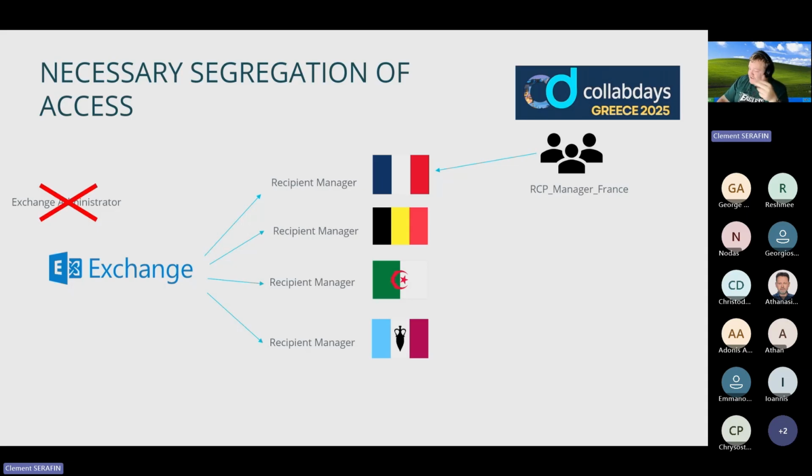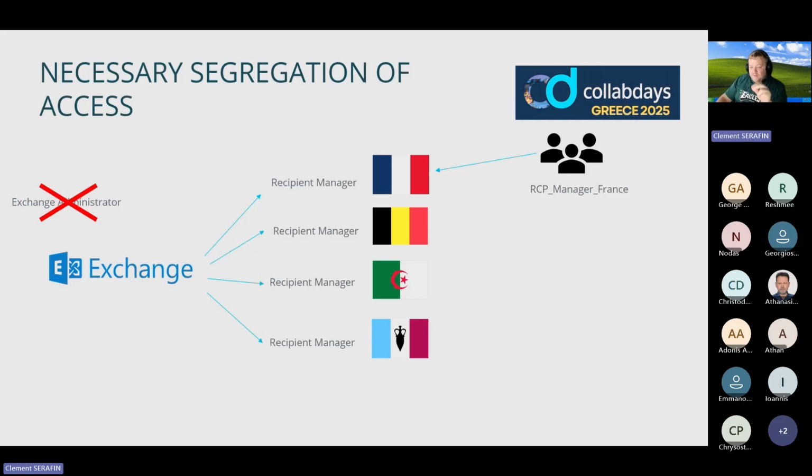So you have France, Belgium, Algeria, and basically I have one administrator for each country. What is my issue today? If I'm Exchange administrator, I have the scope to manage all countries. But when you want to delegate administration per country, if you are putting the guy in Exchange administrator, that means the guy in France can mess up with another country. And we don't want that.